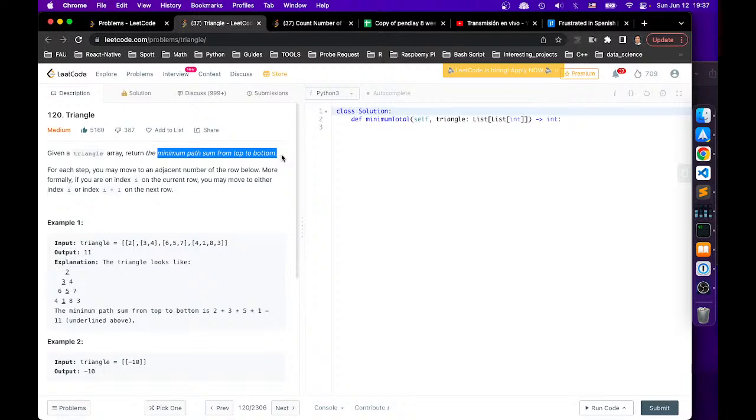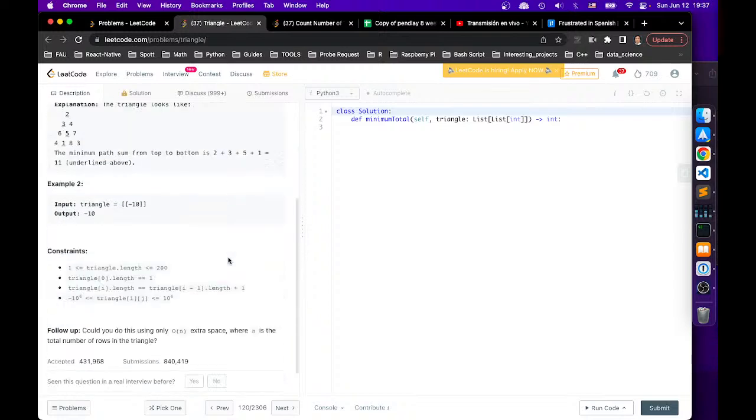What I think is, if I know, right? So it's a triangle. I have lots of levels, and at each level, if I know the best value to reach this, the goal is to find the best at the last row. In order to find that, I need to know all the values on the row above.